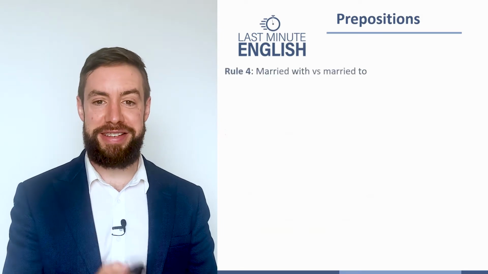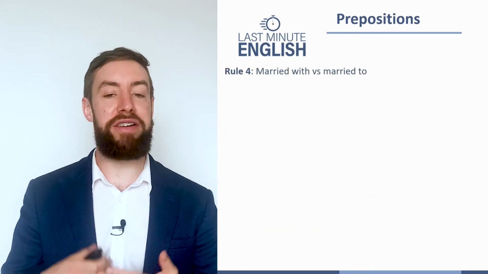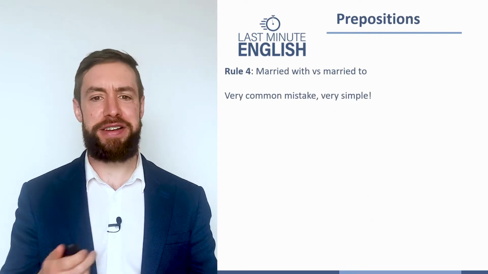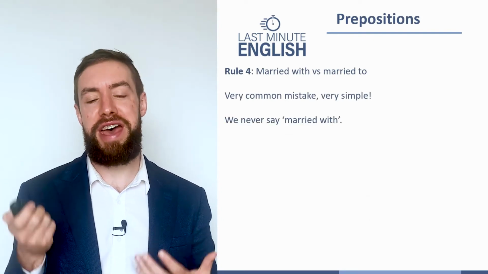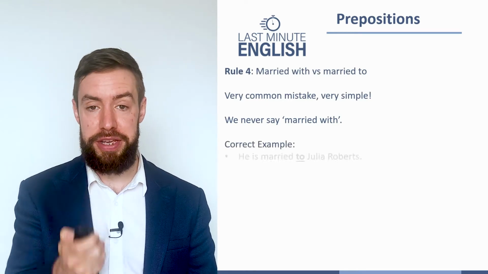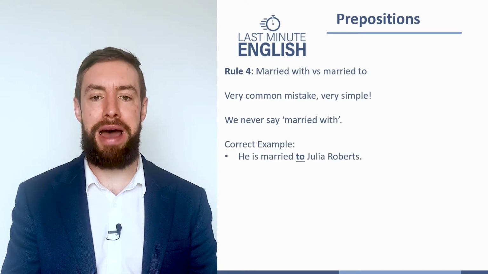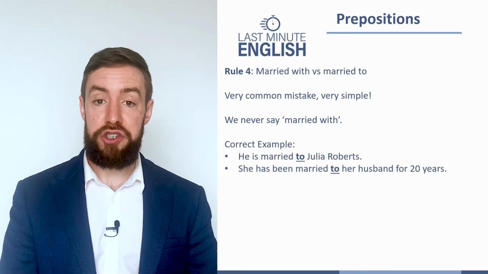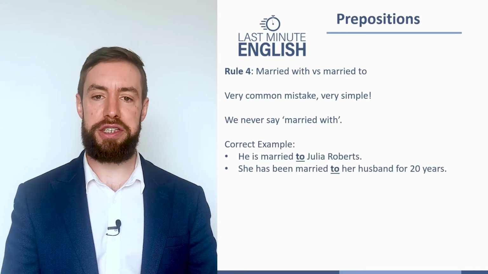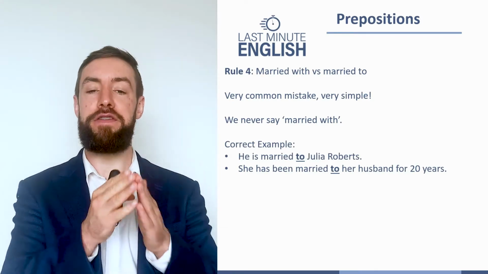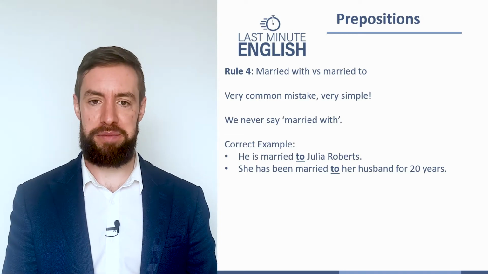The next one is married with or married to. Now this is very common, but actually it's very simple. The rule is we never say married with someone. So for example, here's a correct one. He is married to Julia Roberts. Or we could say, she has been married to her husband for 20 years. Again, we're seeing that for how long they have been married.